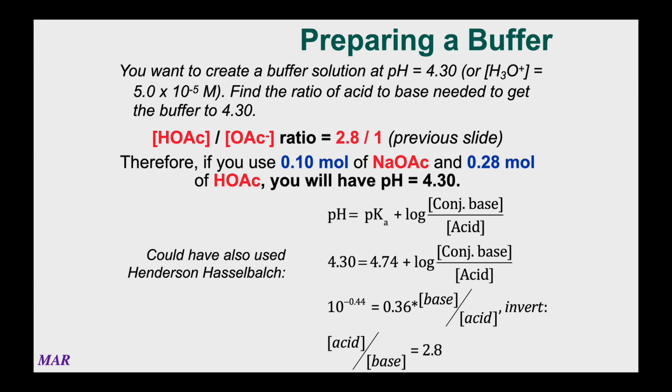But you can see in this example, pH desired 4.3, pKa 4.74. We solved for log of conjugate base over acid. That came out to be a ratio of 2.8, and again, either way is totally fine. In Henderson-Hasselbalch, it's initially base over acid, so if you flip it, you can put it on the other side to make it acid and base.